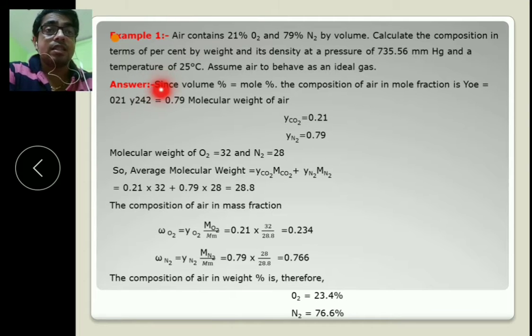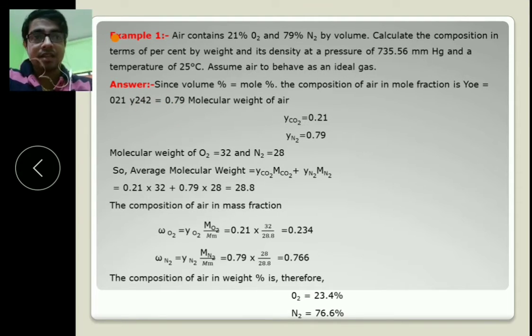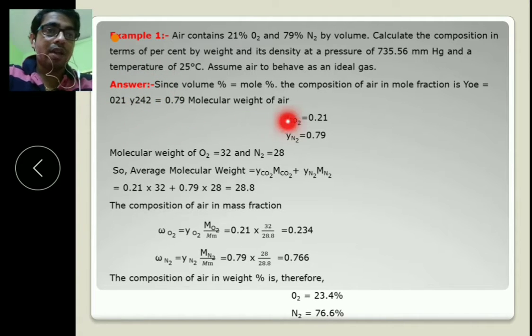Answer: since we know the volume percentage is equal to mole percent, and here the question was in volume percent, so in mole percent, y oxygen, the mole fraction of oxygen, is 0.21, and y nitrogen is 0.79. Note that. There is some mistake in the writing: y oxygen is 0.21, y nitrogen 0.79.